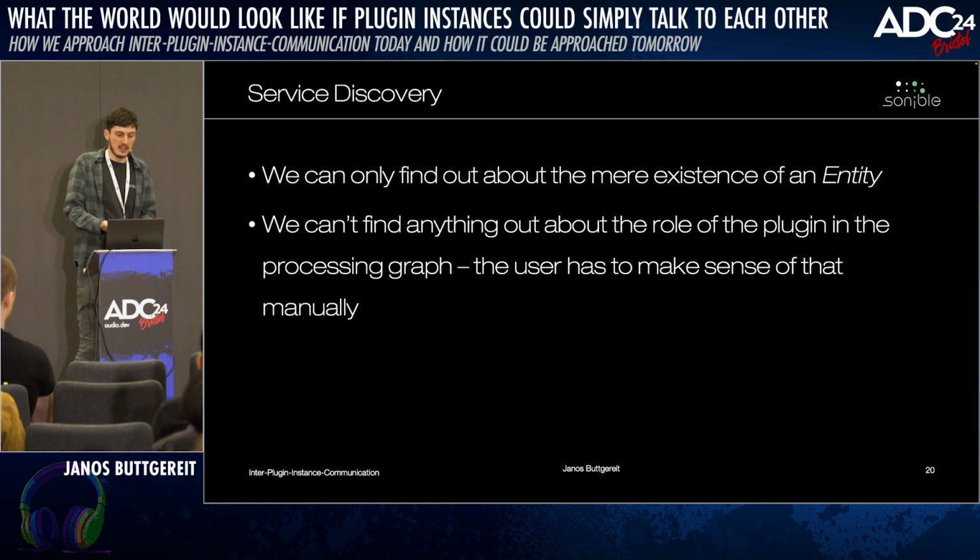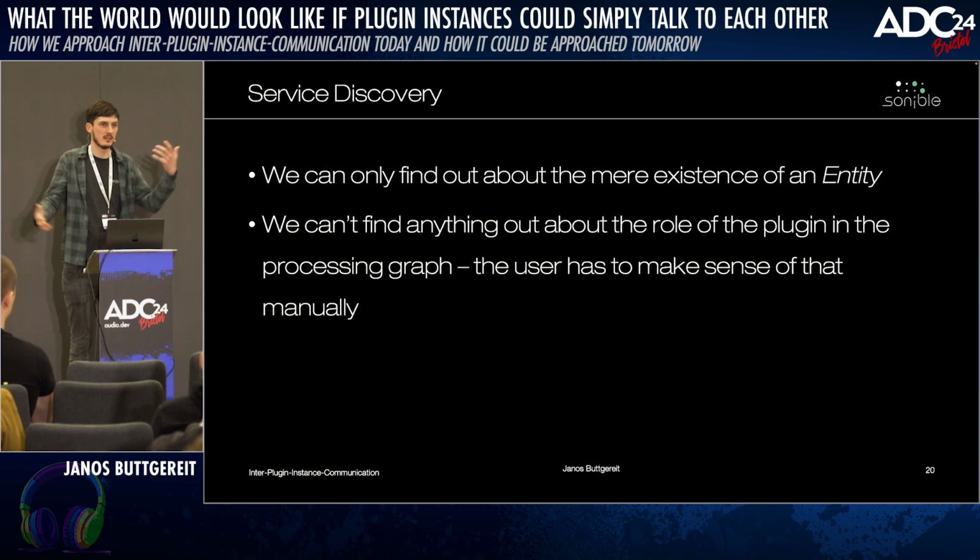And we even would like to find out a bit more of the context to make even smarter decisions about our processing. So if we know, oh, these are plugins on group buses, we might apply different rules or algorithms than if these are individual channels or whatnot.